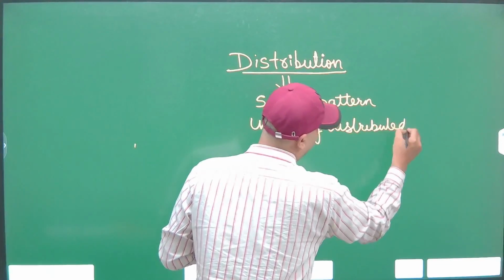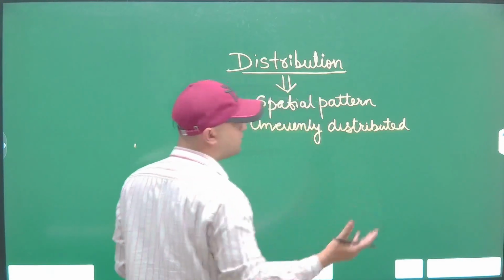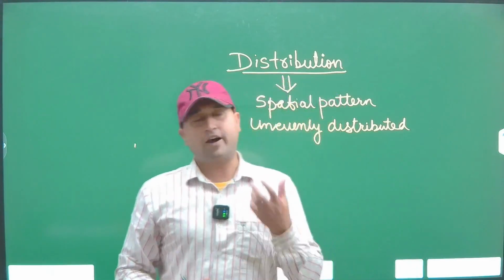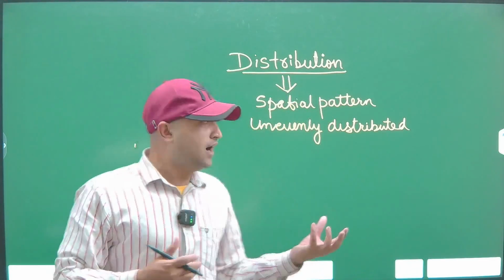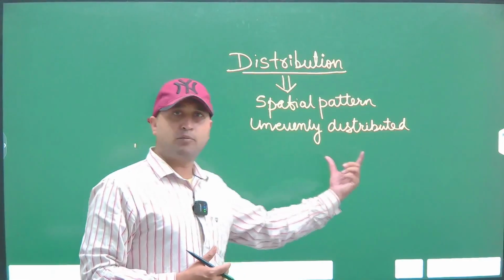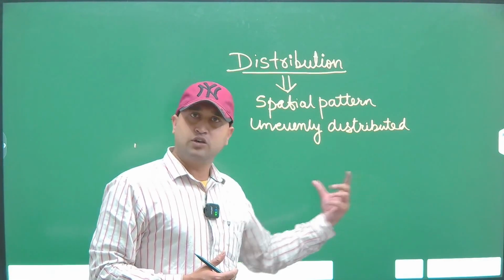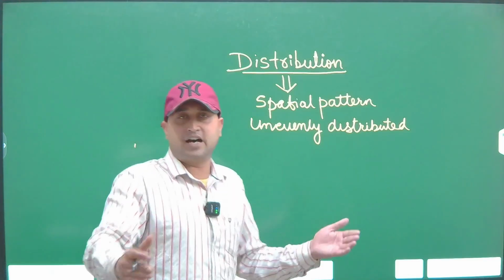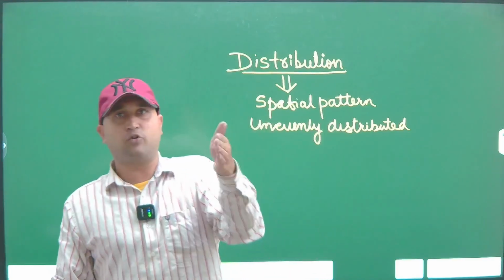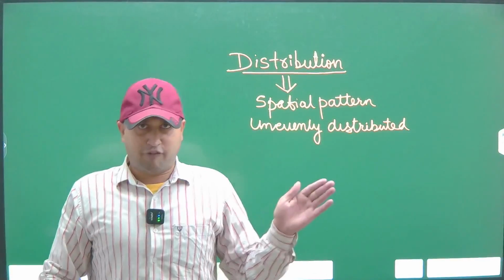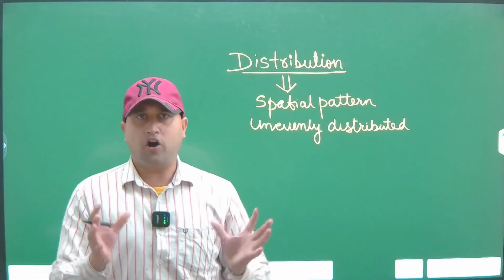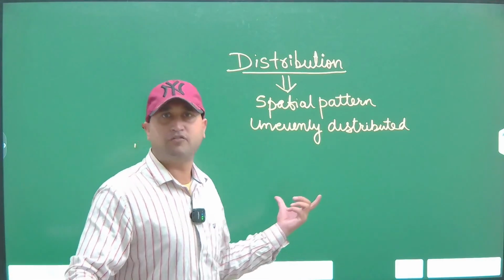What could be the reasons why the population is not uniformly distributed? Why is the population of an area A1 not similar to the population of another area A2? Suppose there are several areas A1, A2, A3, A4, A5, and they collectively form the landform of India.